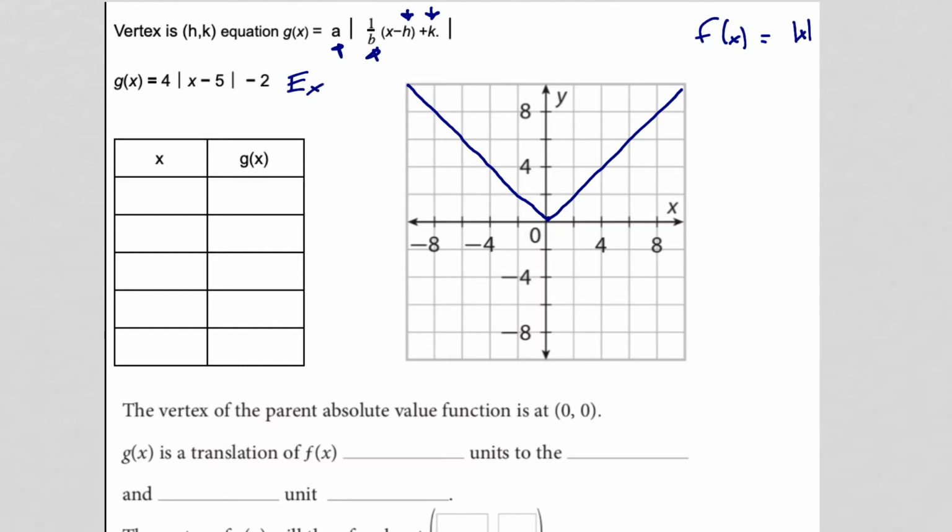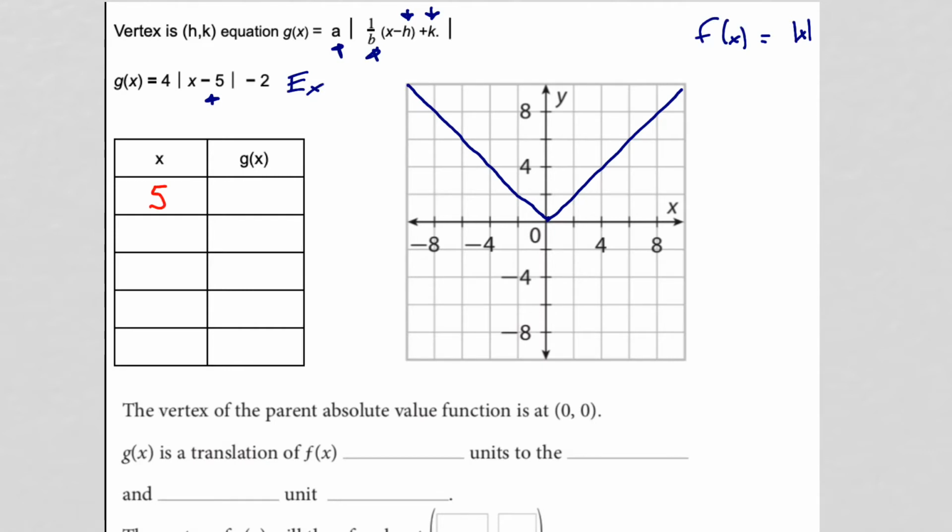Let me think of a good point to start plotting. I'm noticing that this is a -5 right here, and I'm going to pick something that's going to make this 0. Let me start graphing in a different color. I'm going to pick 5 for x.